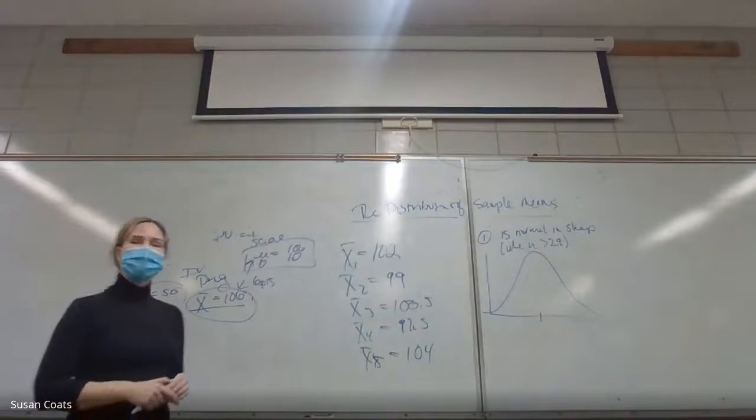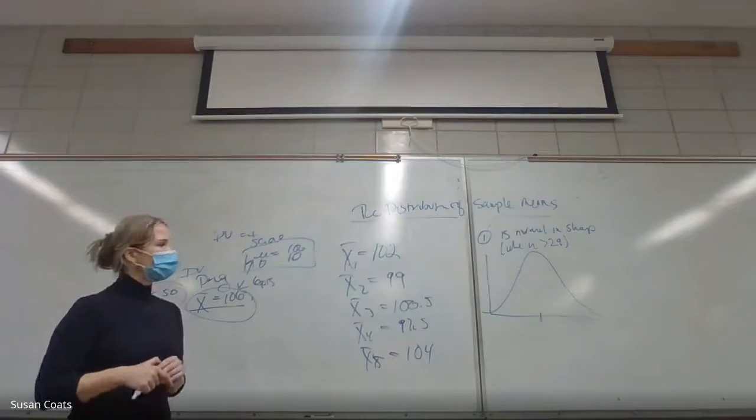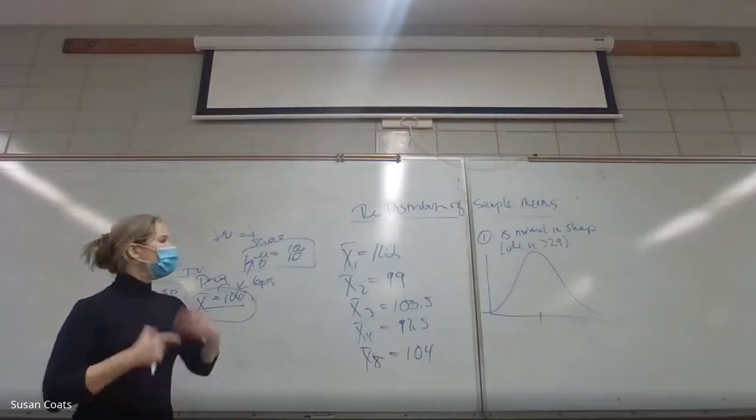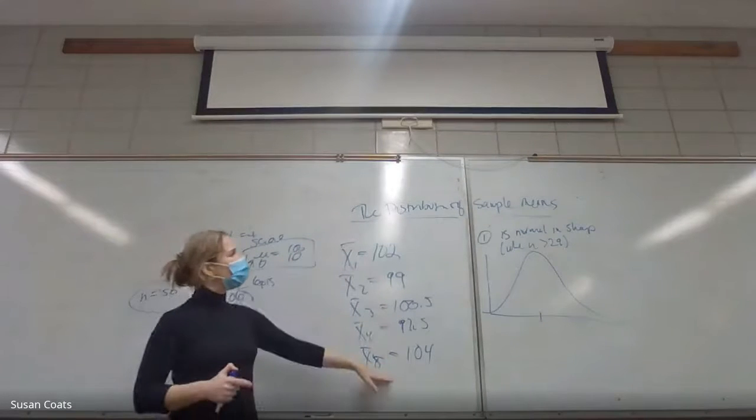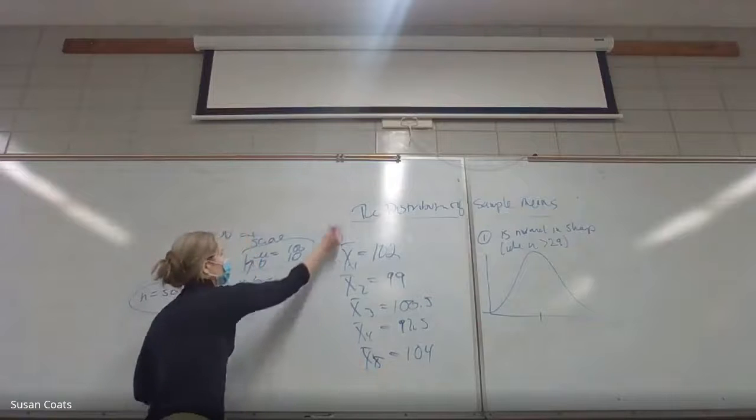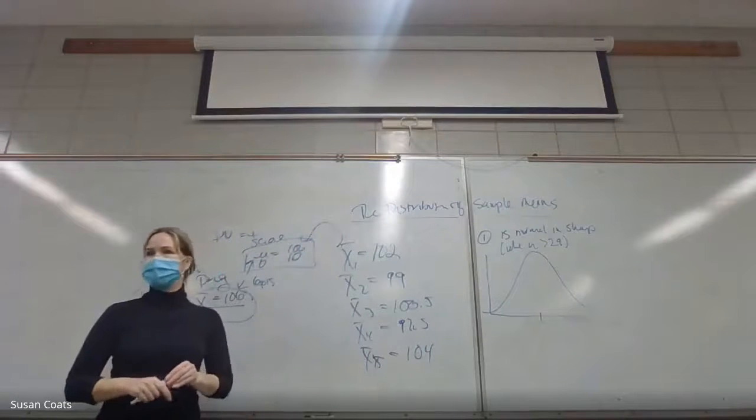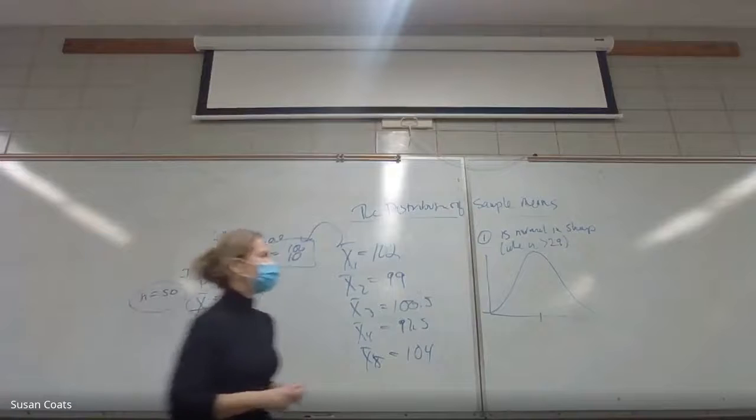And when we do that, this is one of the properties, the mean of the distribution of sample means turns out to be exactly equal to the population mean. So that's a second really important property.